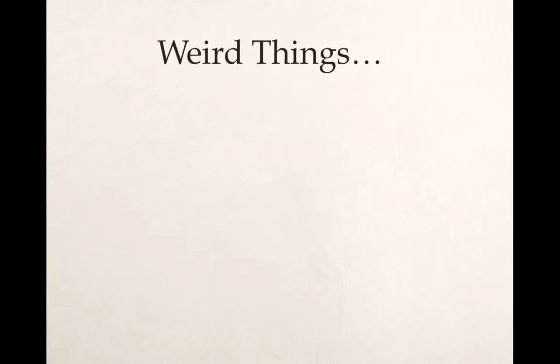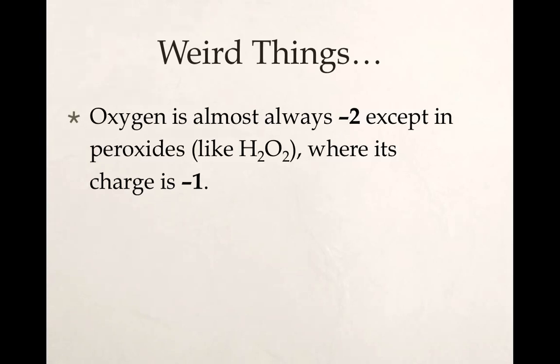So here are some weird ones. Oxygen, 99% of the time, almost always, will be -2, except in peroxides, like H2O2, hydrogen peroxide. In hydrogen peroxide, oxygen actually has a charge of -1. So again, it's a little weird. Unless it says peroxide, you can assume that oxygen will always be -2.